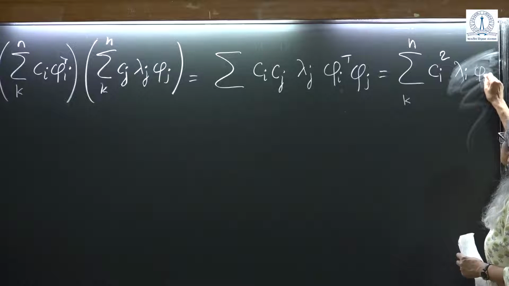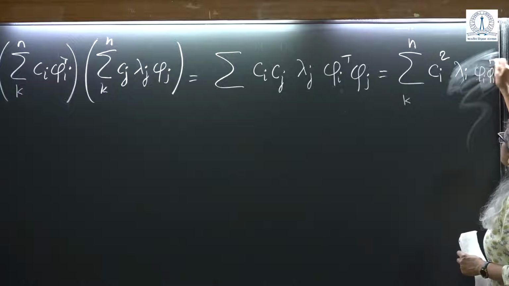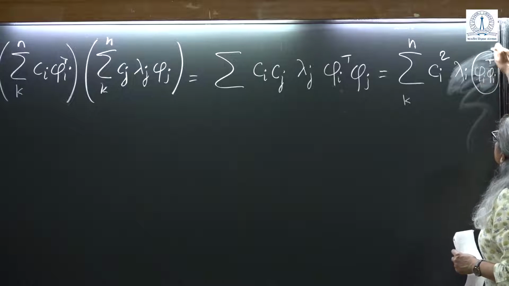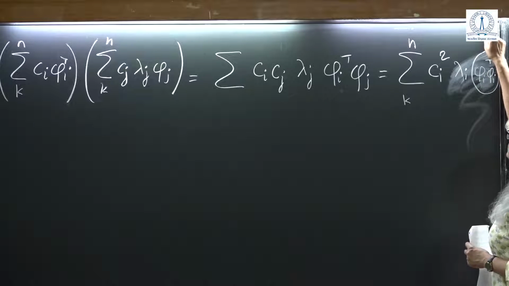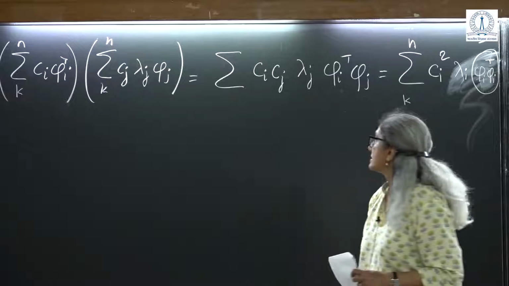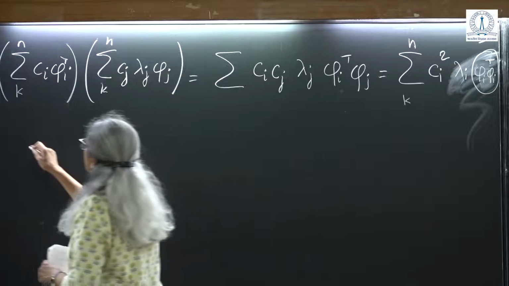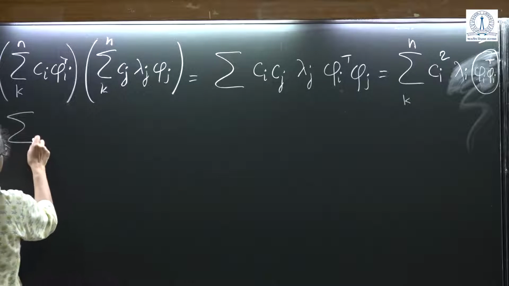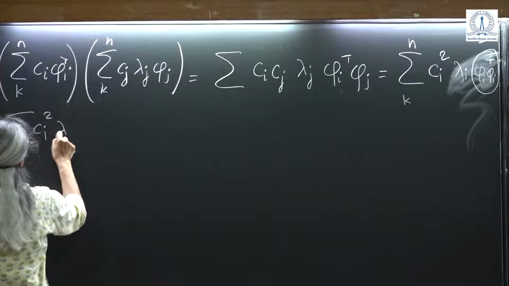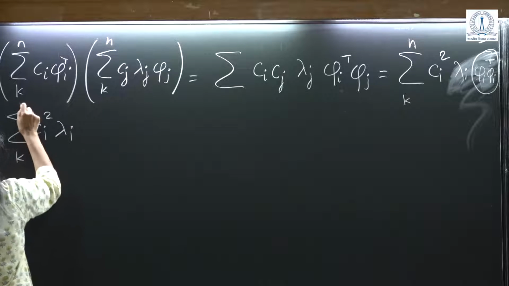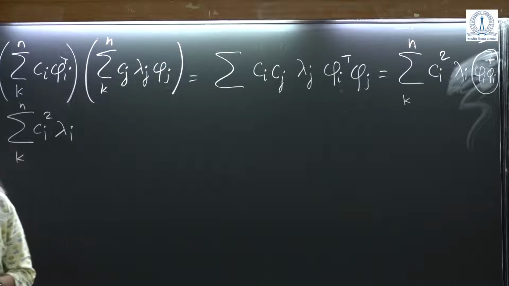Does everybody see that? It's just the norm of phi, which we can assume is 1. Okay? So this is just equal to the sum of Ci square lambda i from k to n. So far, everybody okay? Okay.